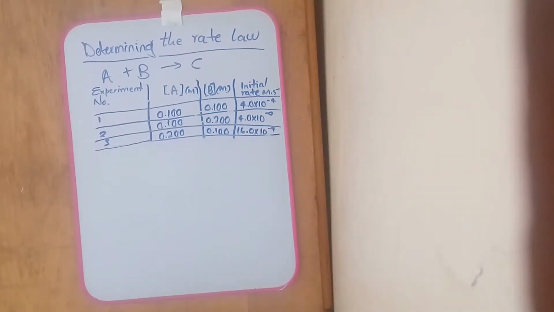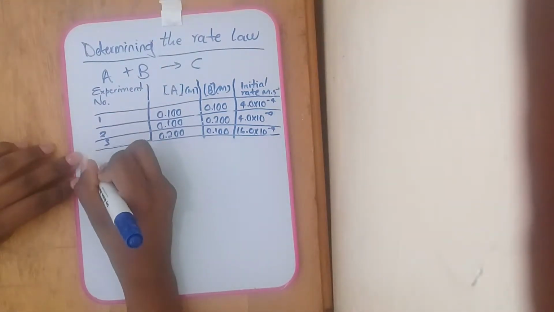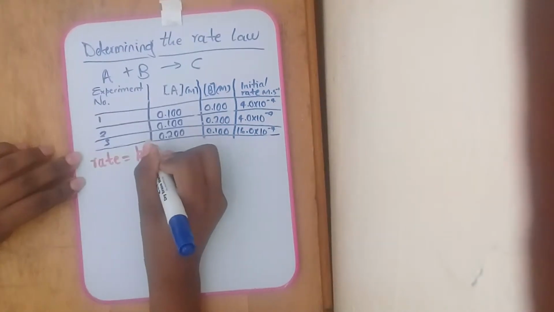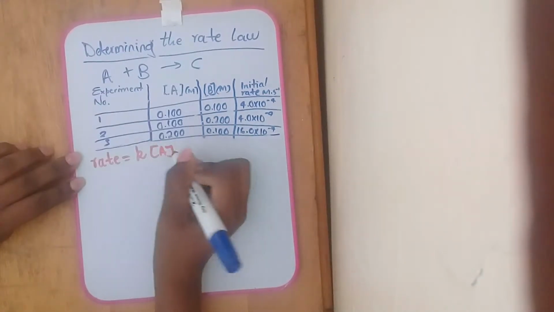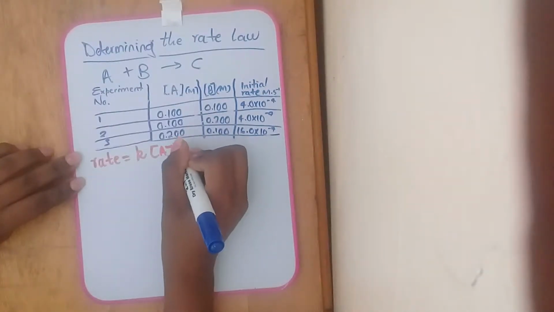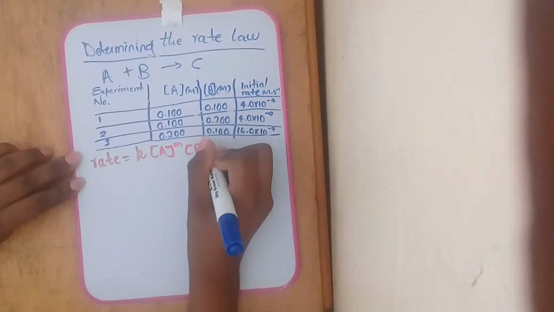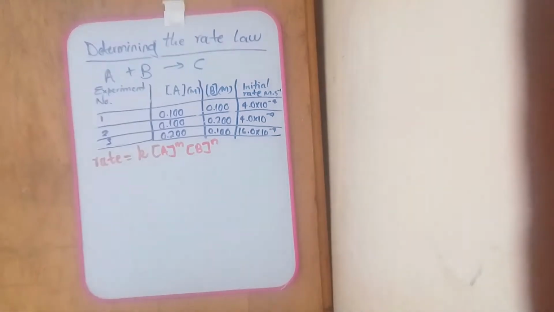The form in which you write your rate law, by now you know, is rate equals k, our rate constant, times the concentration of A, which is our reactant, to the exponent m, our reaction order, times the concentration of B to the exponent n.